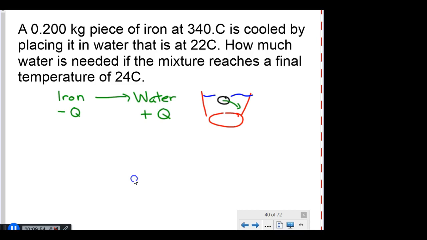We know that if one item loses heat, the other item is going to gain heat. I'm going to put Fe here for iron, and then I'm going to put W here for water. I'm going to do that because I'm going to expand Q. And I want to make sure I understand what mass of one thing is and what the mass of another thing is. Do you remember what the formula for calculating Q is?